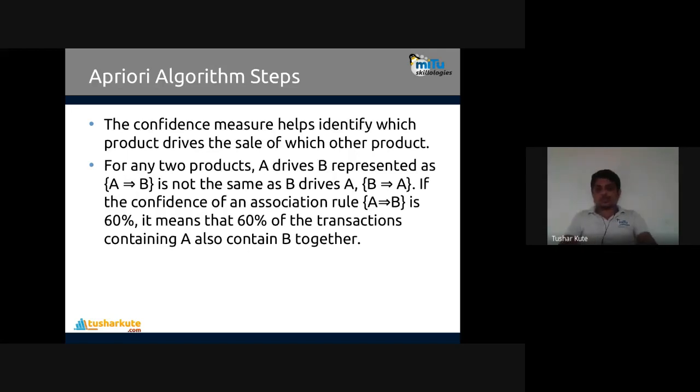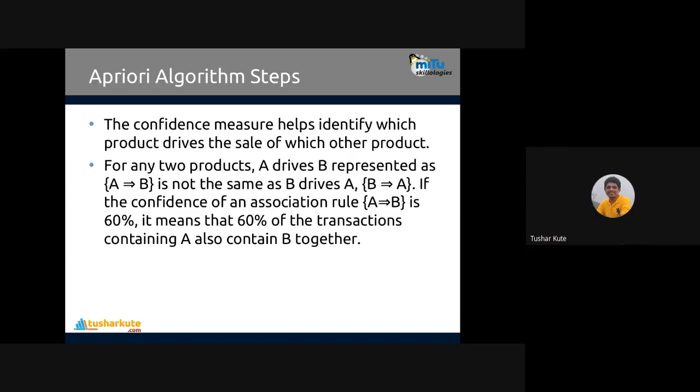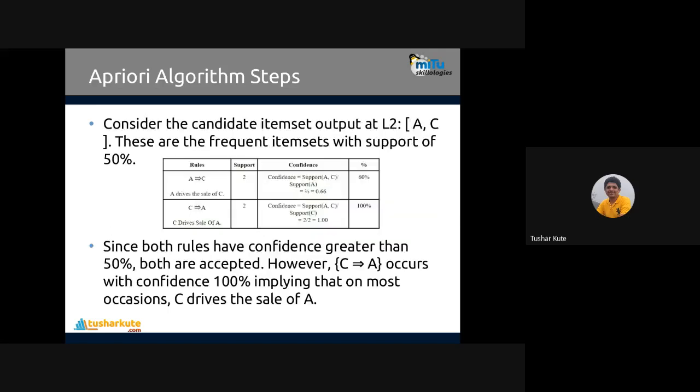If the confidence of the association rule A to B is 60%, it means that 60% of transactions containing A also contain B together. So basically, you define how much confidence you want in the rule, and based on that you extract the rules, and you perform the further operation of generating and using those rules ahead. That is the Apriori algorithm.